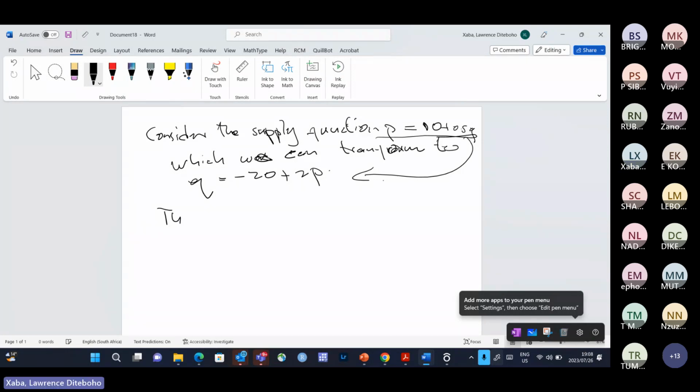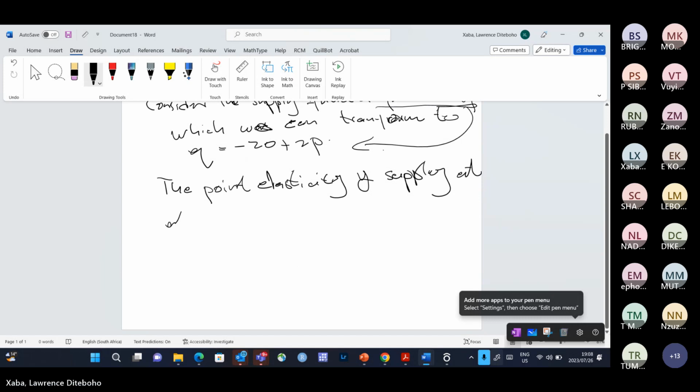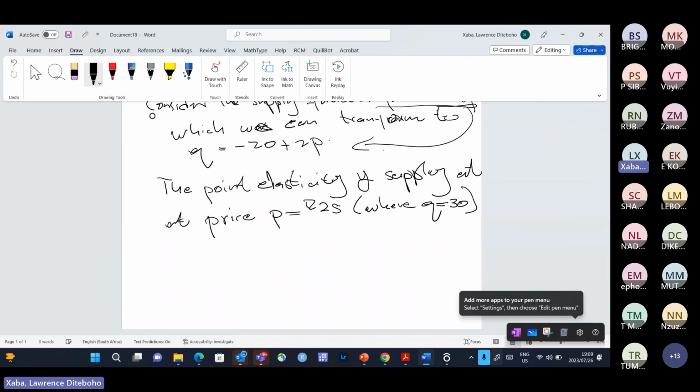The point elasticity of supply at price P is 25 Rand, where Q is 30, close brackets.